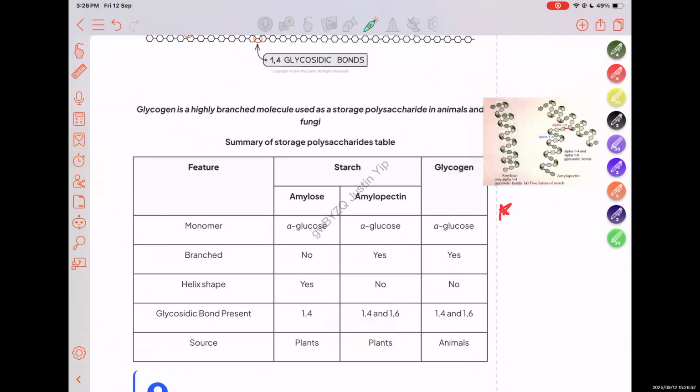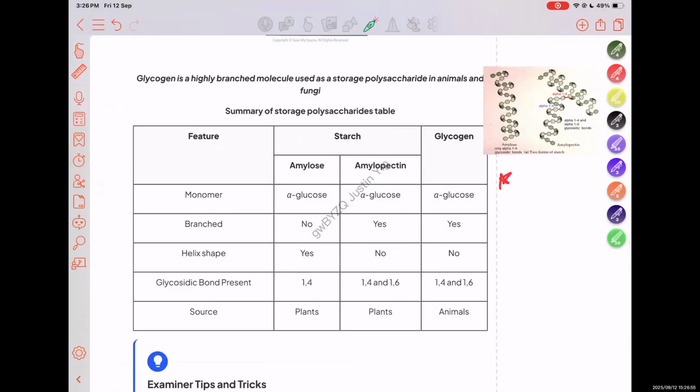And what glycosidic bonds are present? Only amylose has 1,4 bonds, because it appears as a straight chain. But starch, amylopectin, and glycogen have 1,4 and 1,6, because they are a chain plus branches.